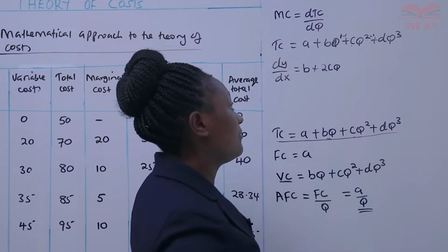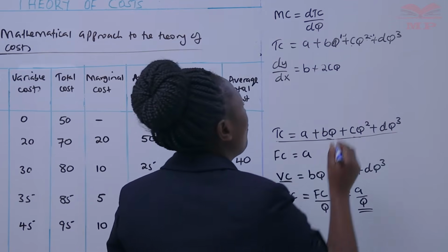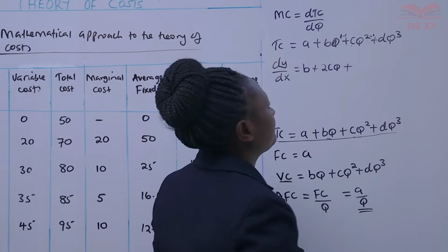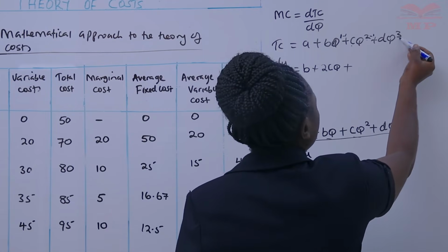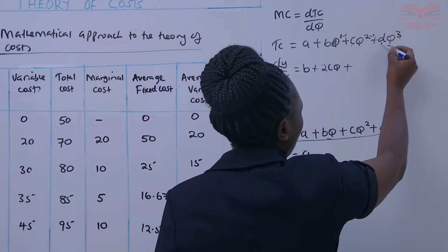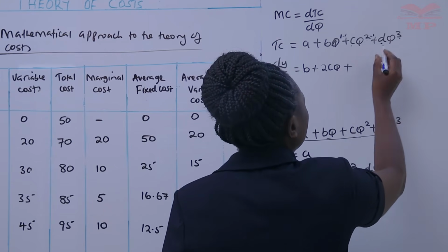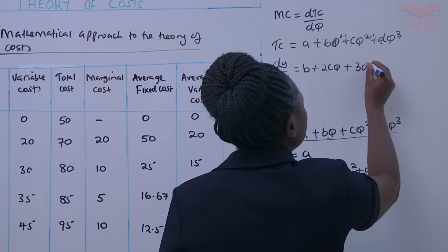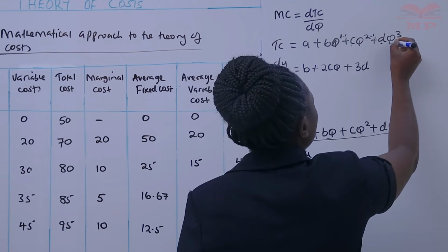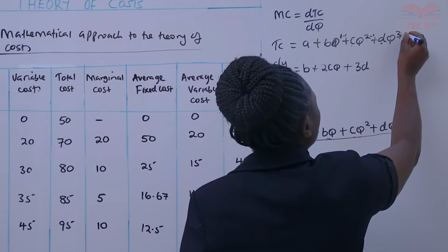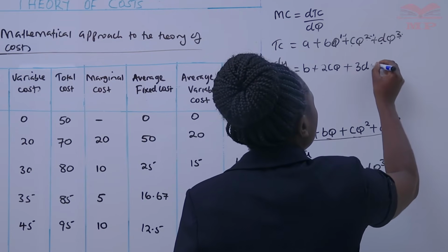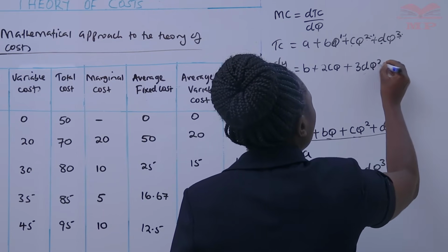It will not be Q squared. We've reduced the power by 1. Plus, we have 3 times the constant. Our constant here is D, so we'll have 3 multiplied by D, which will give us 3D. We reduce this unknown power by 1, which will now be Q raised to power 2.